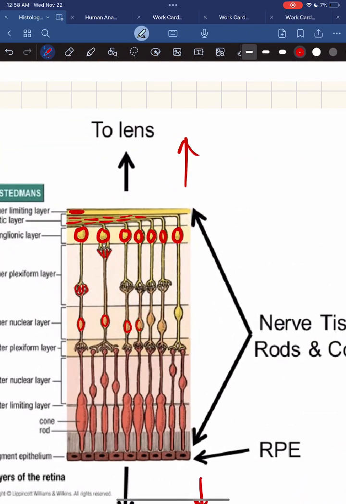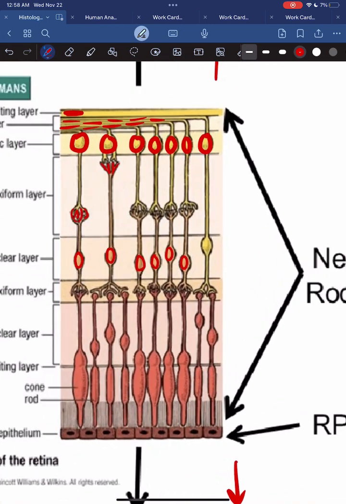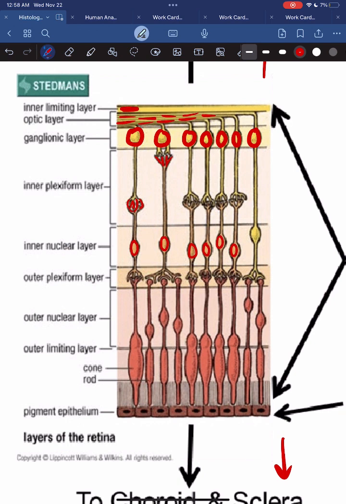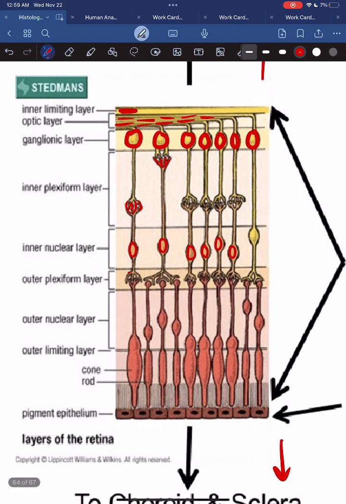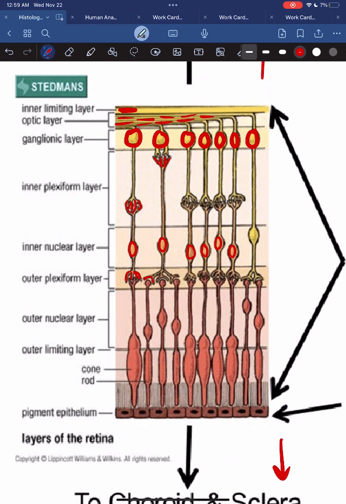You can tell they're not entire ganglia cells because they're not as big, but they're still housing the nuclei. Now we've got the outer plexiform layer. Again, it's like the inner, except it's more so towards the choroid and the sclera, and it still has those branches, right? So that's a good way to identify them, their position and what they look like and are made of.